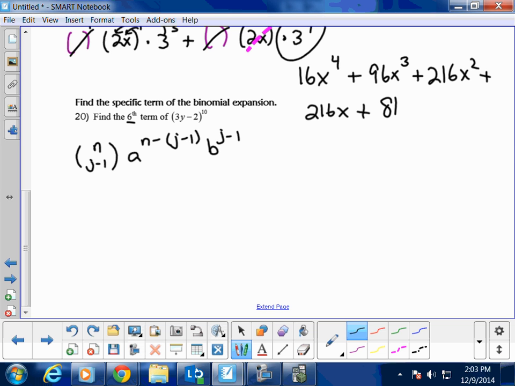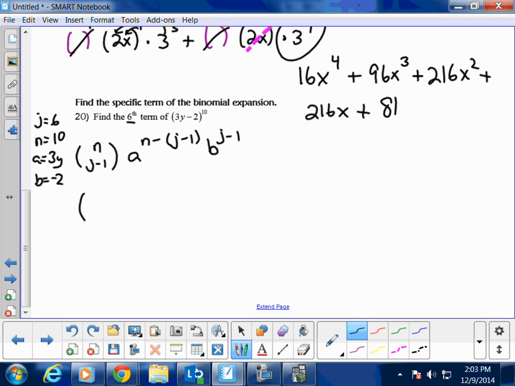So let me go ahead and start doing the substitution. If you want, I can write it up here on the side. j is equal to 6, which is the term. And n comes from this right here, which will be 10, which is the exponent of that binomial. a is still the same, 3y. b is still going to be negative 2.